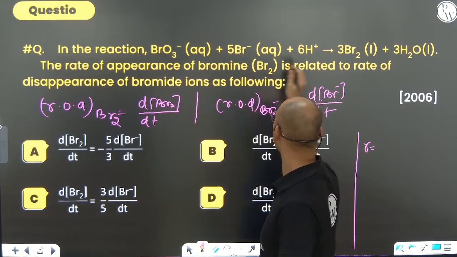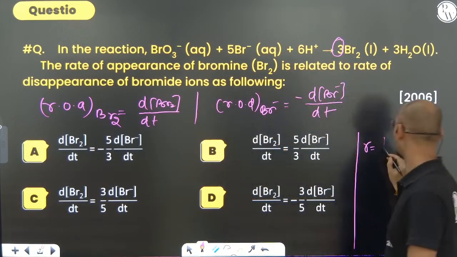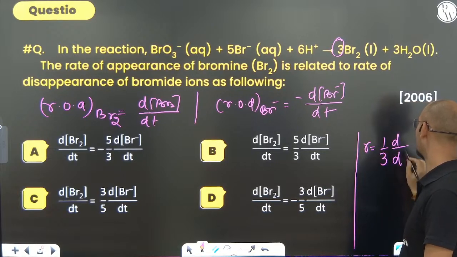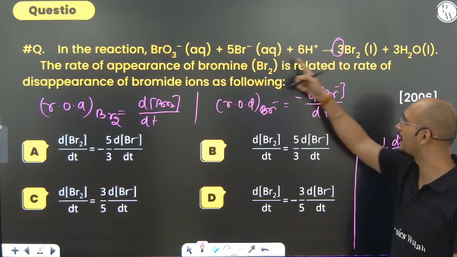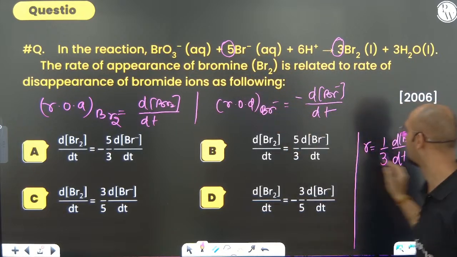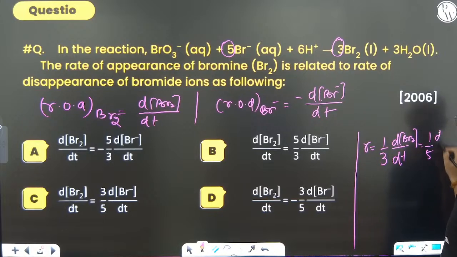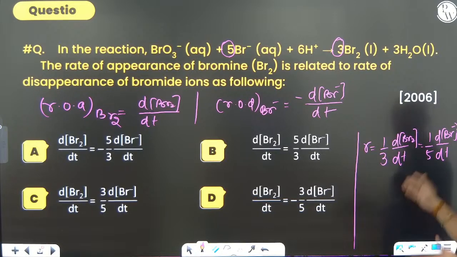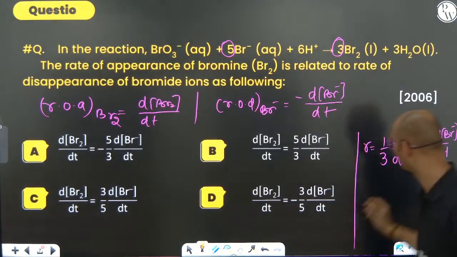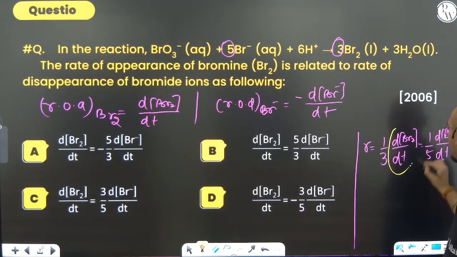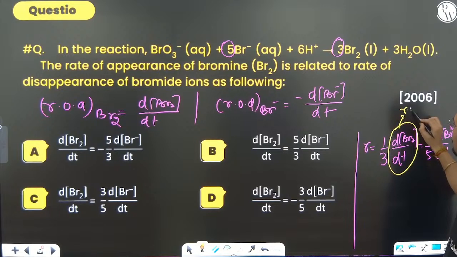Br2 has 3, so 1 by 3 d[Br2] by dt equals, for bromide with stoichiometric coefficient 5, 1 by 5 d[Br-] by dt. Can we see? This is nothing but the rate of appearance of bromine.